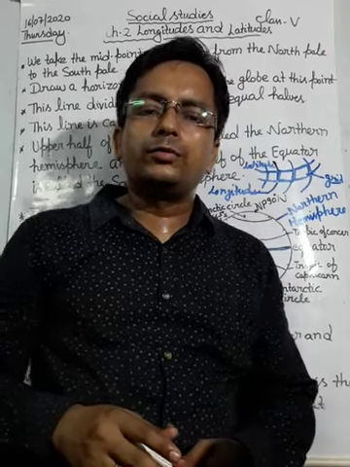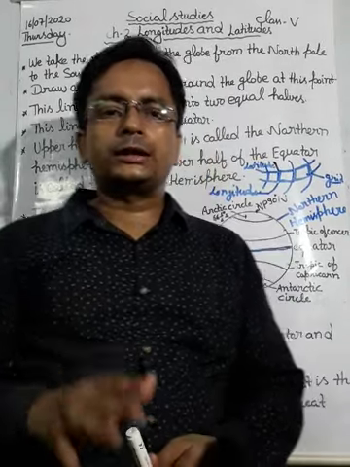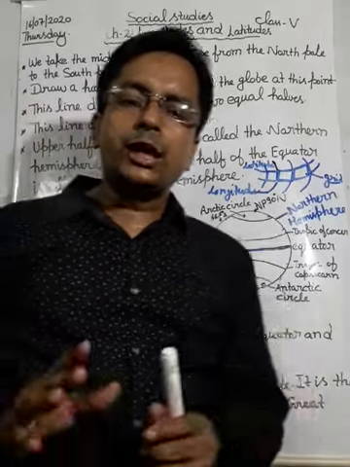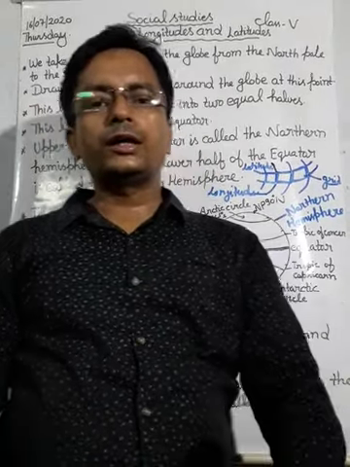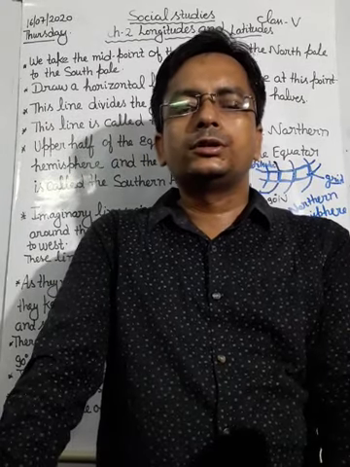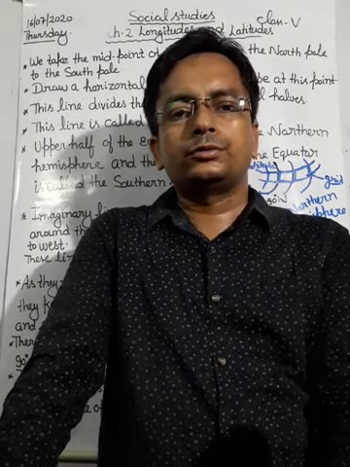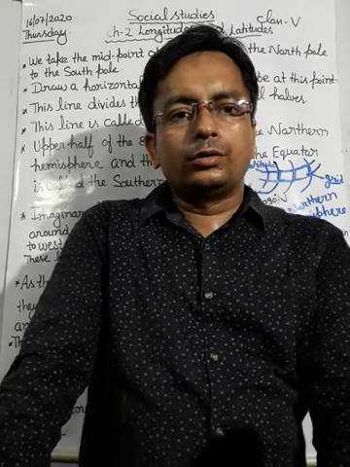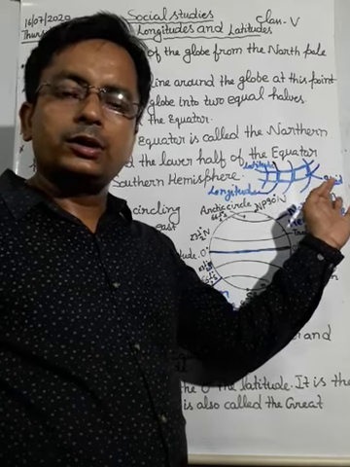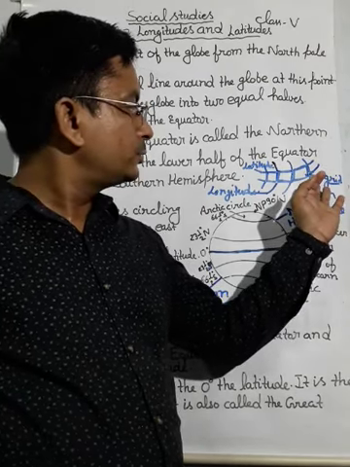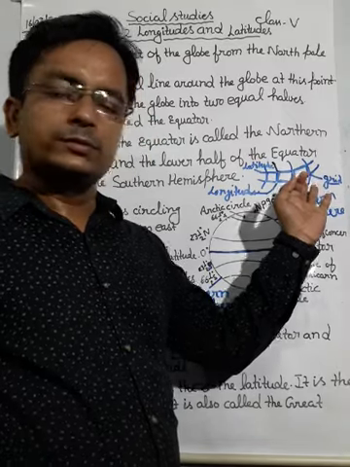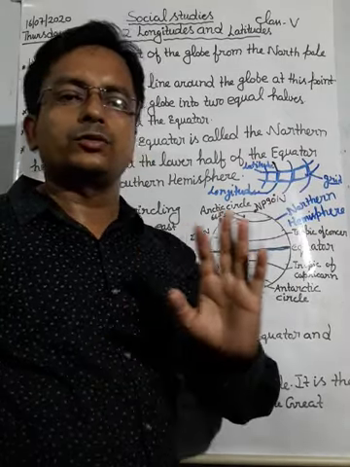Yes, student, we have a problem to locate any place on the earth exactly. The solution is the grid. With the help of the grid, we can locate any place on the earth with its exact location. So the grid is used in locating a place on the globe, on the earth, with its exact location.